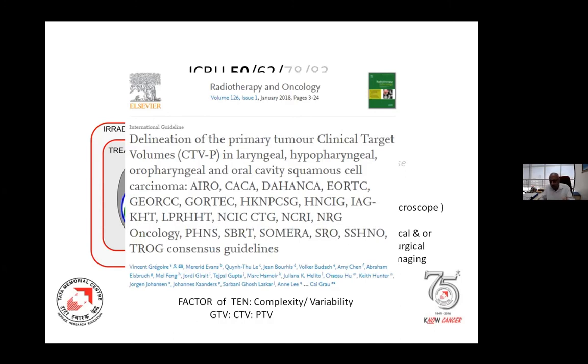Even places like TMH are part of this guideline, right? So that the whole world can have an impact and come up with better results for the treatment of their patients. So everybody has to follow those guidelines diligently for the CTV, for the primary as well as the node.